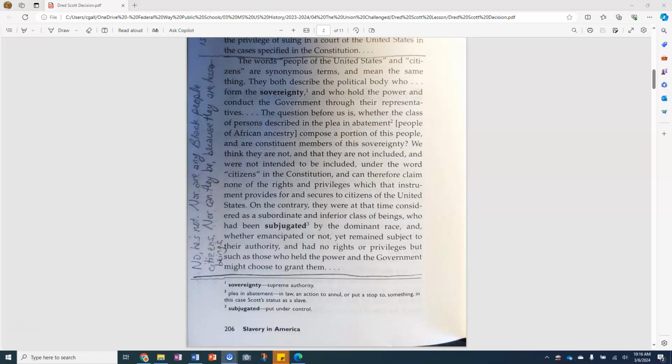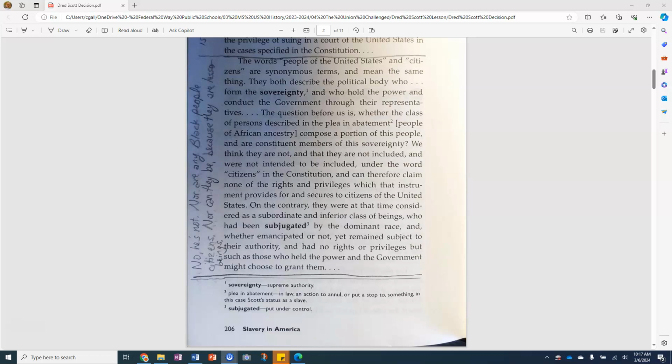Okay. He says, on the contrary, so as opposed to being citizens, right? They were at the time, so back in 1787 when they're writing the Constitution, they were considered to be subordinate and inferior beings. That is, lesser people, okay, who had been subjugated by the dominant race. Okay.